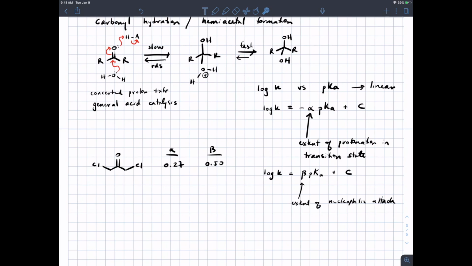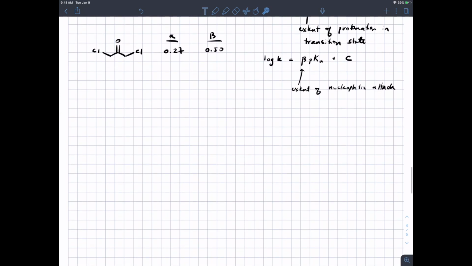This really sort of tells you where your transition state lies along the potential energy surface. So another example, let's see. And I guess I spoke incorrectly. These alpha numbers don't stay constant from one carbonyl compound to the other.